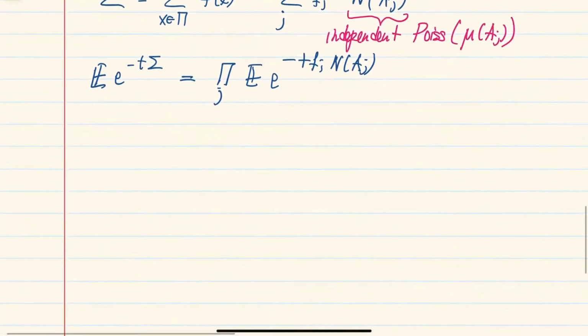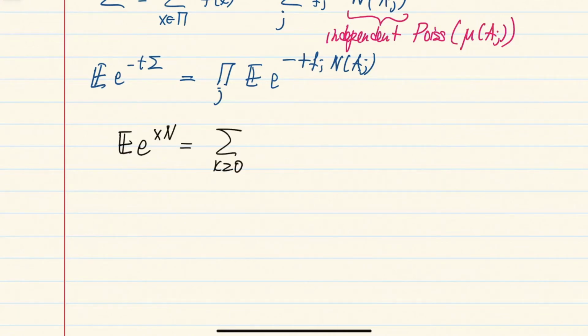If you take a Poisson random variable n and we want to compute the expectation of e to the xn, by definition it is the sum over all integer values of e to the xk times the Poisson probability. If the mean is lambda, this is lambda to the k over k factorial times e to the minus lambda. We can see that this is just e to the minus lambda times the series for the exponential evaluated at lambda e to the x.